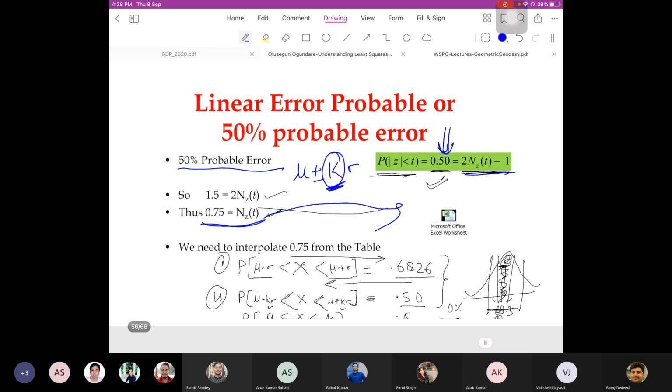That is one question, and we have solved the previous one. There is another question, which is what is the 50% probable error, or X% probable error? That means what could be the chance associated with your probability level, which is 0.5. So that is a way you have to explain it.